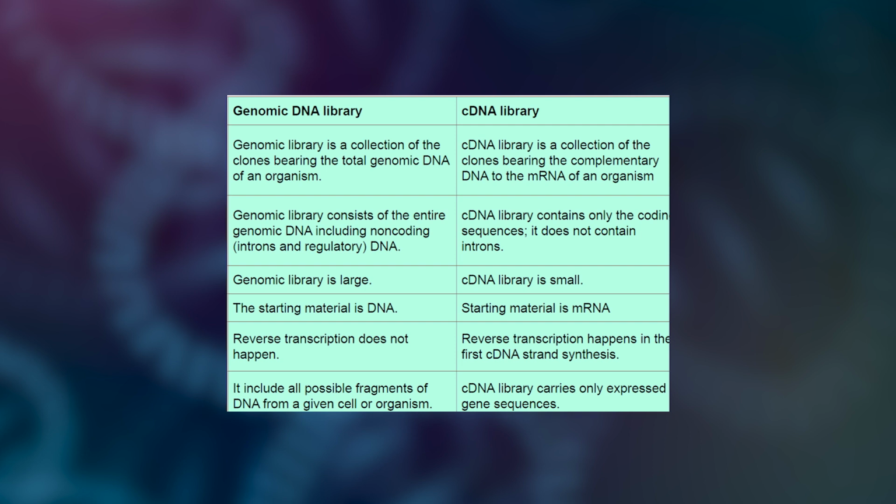Now, let us see the NGS DNA applications. Although it is almost similar, there are some borderline new applications which we will be seeing now. So, NGS DNA libraries have numerous applications including whole genome sequencing, exome sequencing, that is targeted sequencing of protein coding regions, RNA sequencing, that is sequencing of transcriptomes, ChIP sequencing, that is chromatin immunoprecipitation sequencing for studying protein DNA interactions, and many other epigenetic analyses.